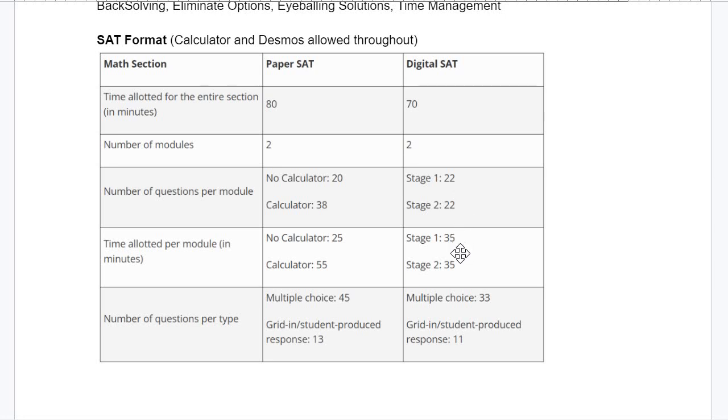So the time is 2 times 35 minutes, or 35 minutes for each module. And you should also know that out of the 44 questions, 33 have choices and 11 don't have choices, so you have to grid those in, and I will show you perfectly how to do all of that.